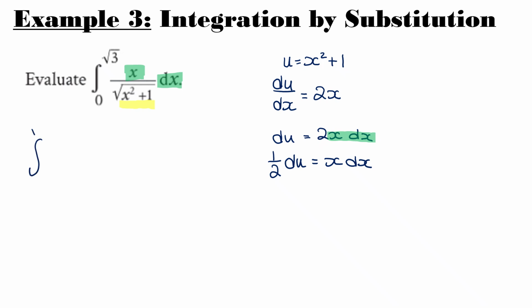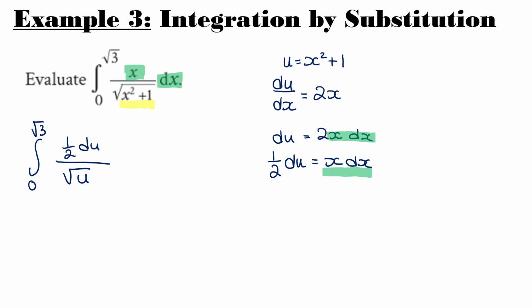So I'm going to integrate between root 3 and 0. So we have our definite integral. I'm going to put a half du up here, and that's the square root of u on the bottom. So we manipulate the du dx line, so these lines here, until it's something that we want. So I only want the x dx together.